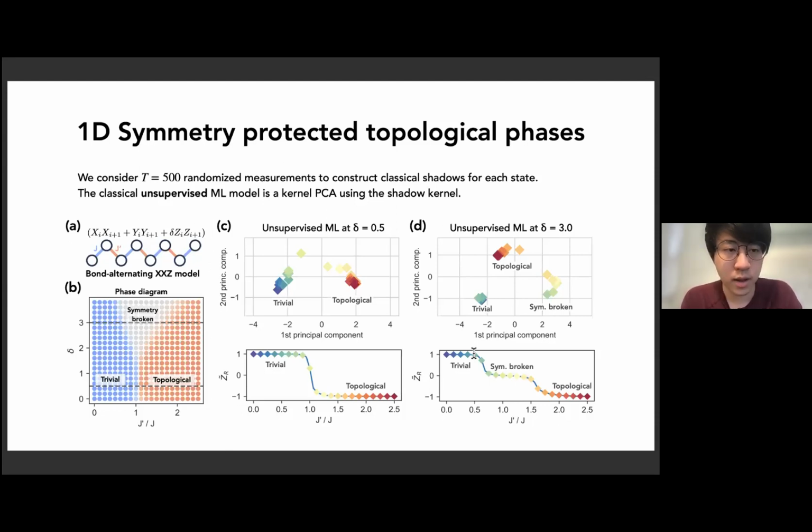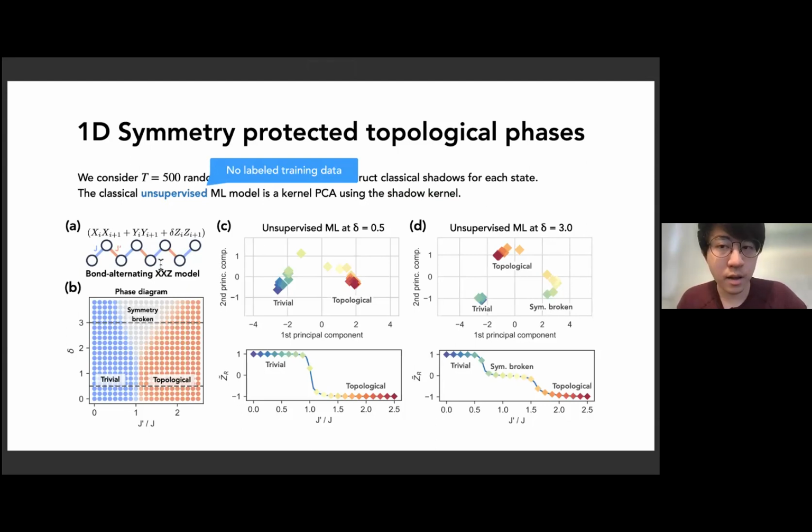And we're going to utilize an unsupervised version of the machine learning model. So basically, there's no labeled training data. We're just presented with a bunch of different states, and the ML model has to figure out the right clustering for the different phases. In order to do that, we're going to consider a kernel PCA that utilizes the shadow kernel that we just proposed.